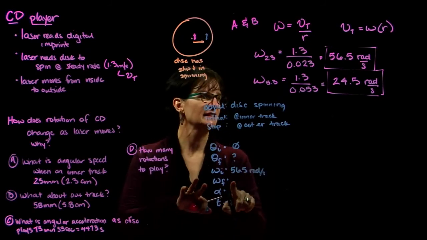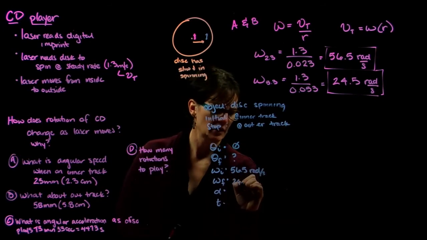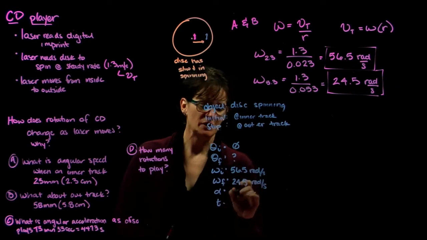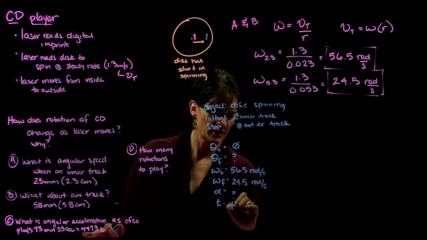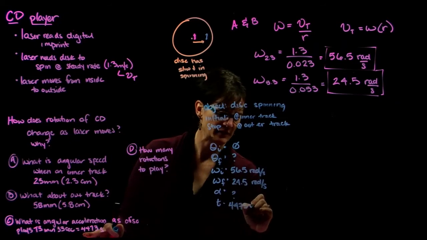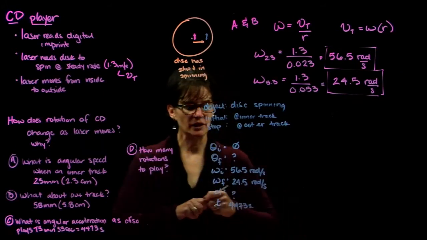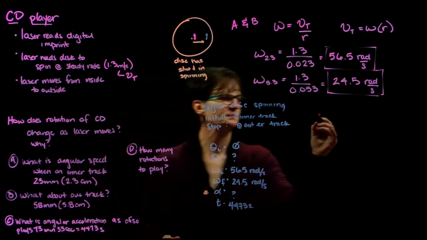Our final is at the outer track, 24.5 radians per second. We don't know our angular acceleration, but we know that the track runs for 4,473 seconds. So for part C, we are interested in what is this angular acceleration.